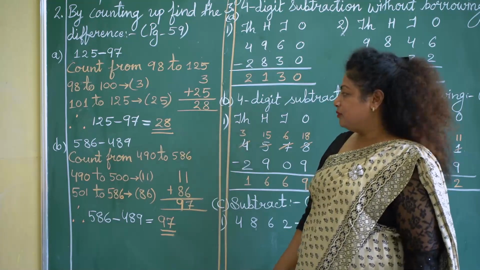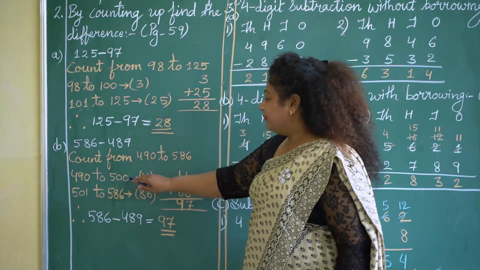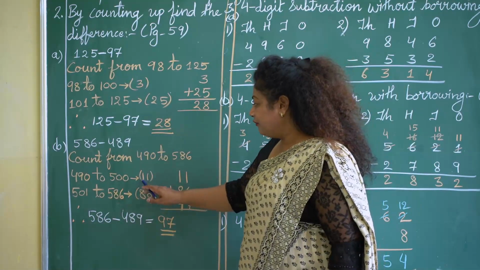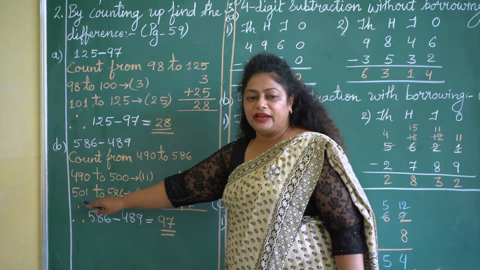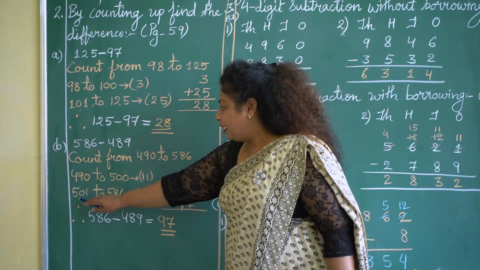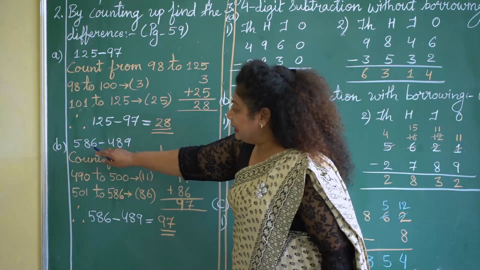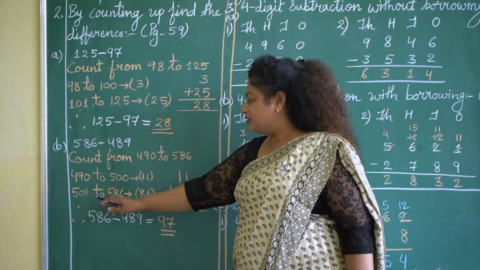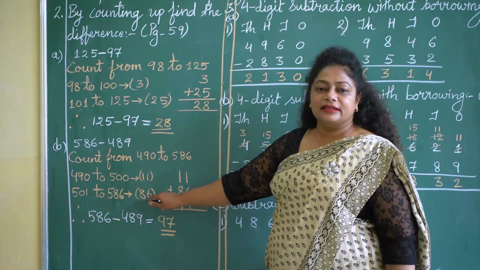So let us start counting. 490 to 500 will give you 11 numbers. Similarly, after 500, the number comes 501. So now we will start counting from 501 to 586. When we count from 501 to 586, we will get 86 numbers.